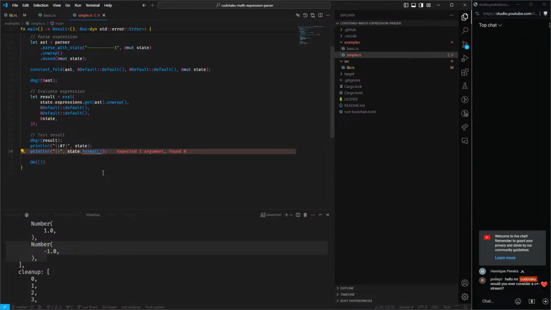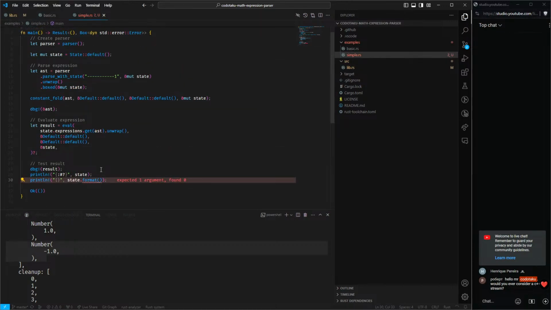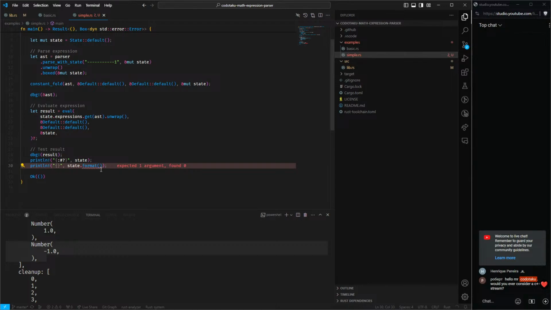So here it expects one argument. Cool. So the argument would be self.state, well, state.expressions. Oh my. AST, okay, cool.